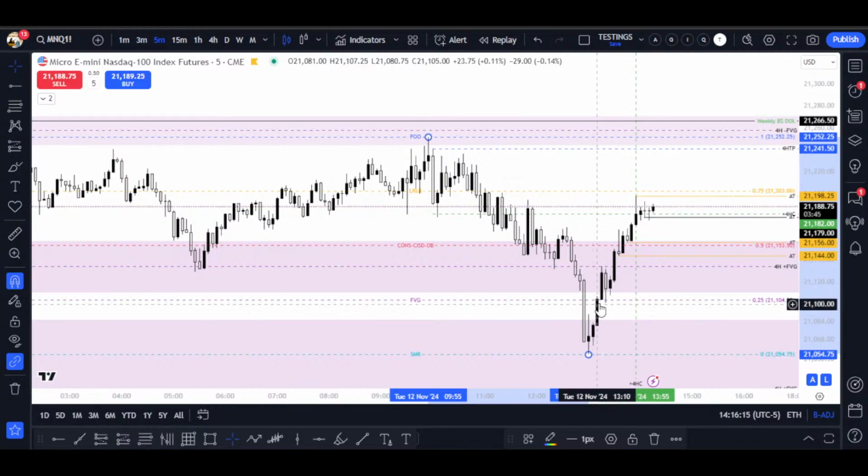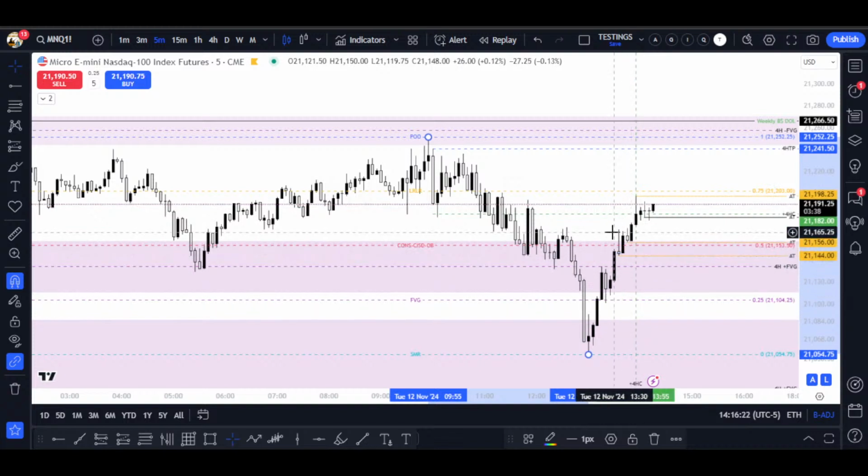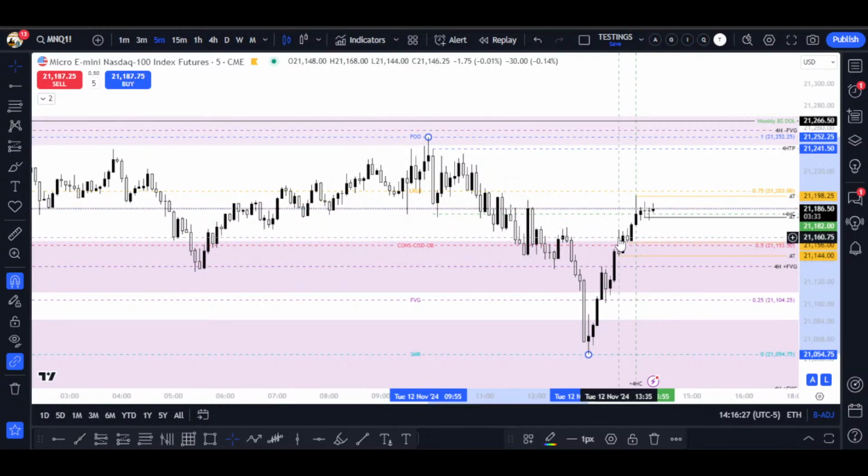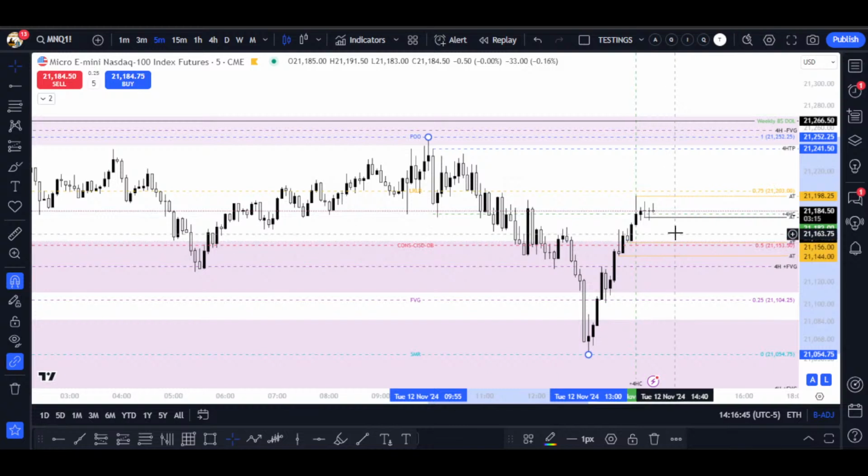So we did get our fair value tap into here. We did not get an order block tap here yet, so I want to see price come back and then maybe start to give us a consolidation, maybe see a change in state of delivery or some type of order block entry that will further support price to go up and possibly give us an entry around here.